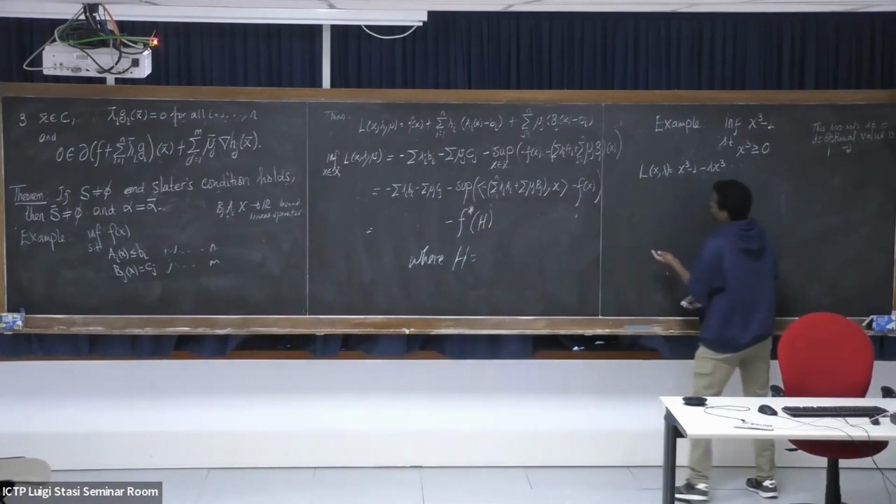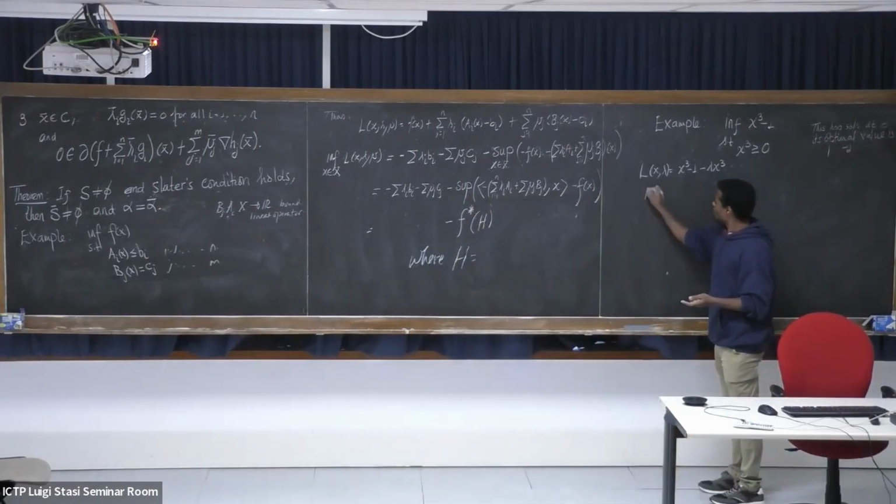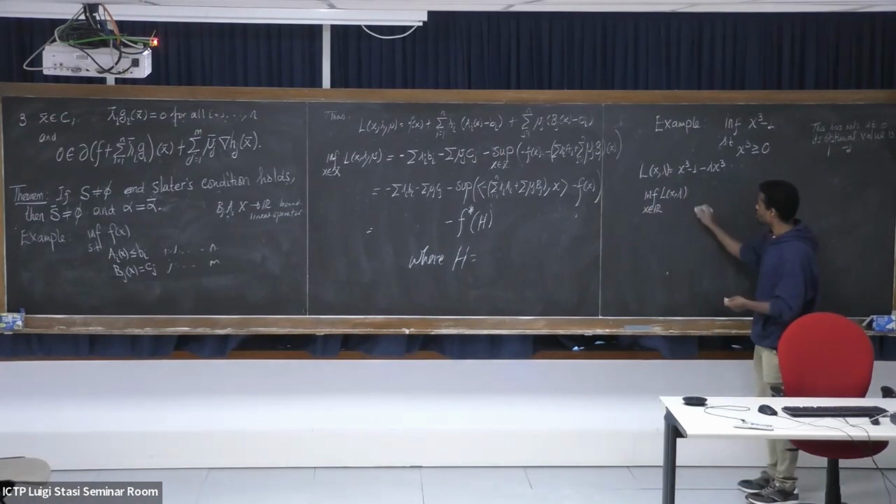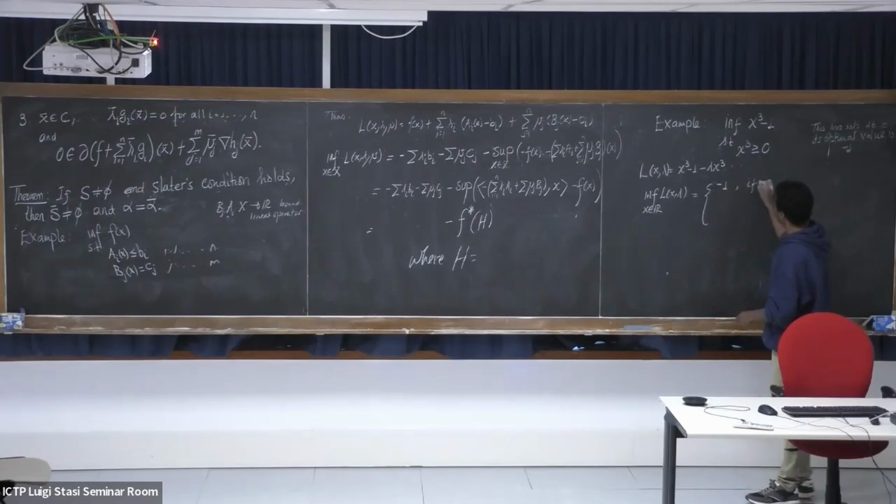What about the dual? So what is the infimum over x in R of the Lagrangian? What will this be? The infimum of this one is -1 if lambda is equal to 1, true, and negative infinity otherwise.